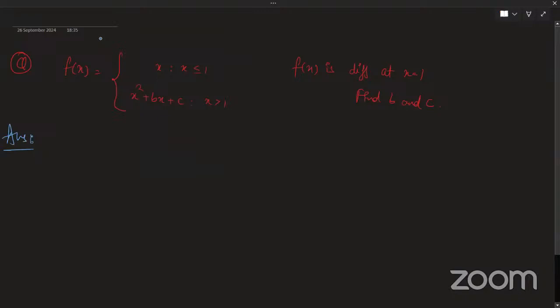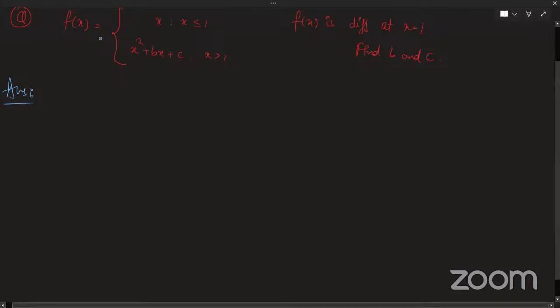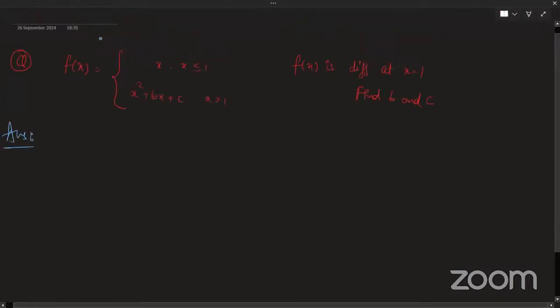We have got a function f of x, x for x less than or equal to 1, and x square plus bx plus c when x is greater than 1. It is told that f of x is differentiable at x is equal to 1. So obviously, if it is differentiable, then it is also continuous. So we should go for the continuity test first.